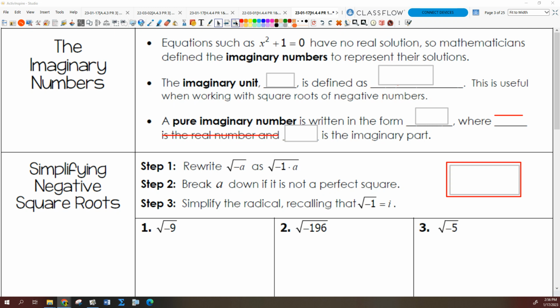If I were to solve that equation, wouldn't I get x squared equals negative 1? And then when I square root both sides, I would get x equals plus or minus the square root of negative 1, right? No real solutions, but we can call that a solution.